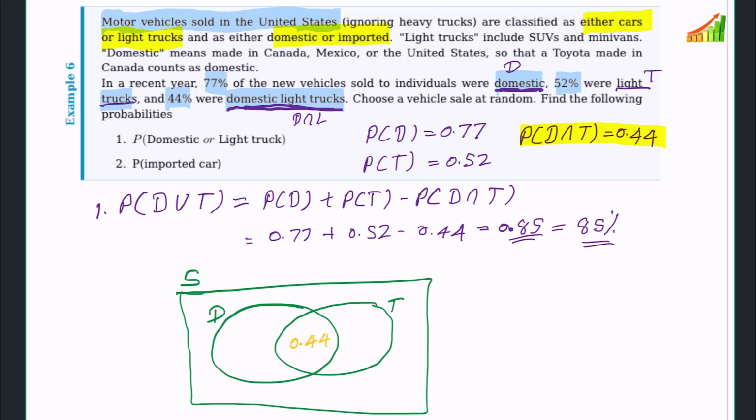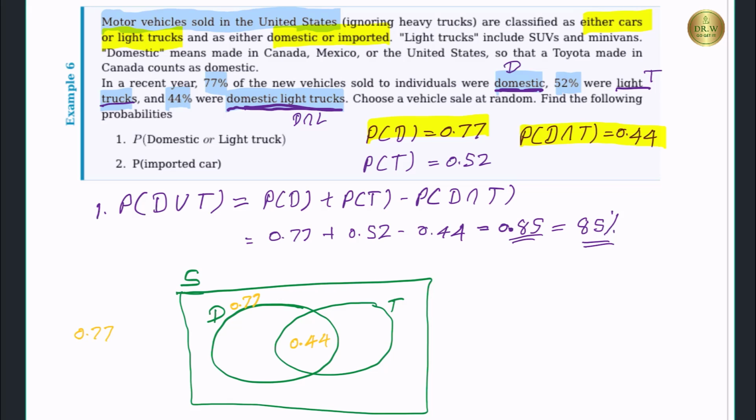Then you see probability of D here 0.77. So in this circle, in the D, probability is 0.77. 0.44 is in D, right? Then how do we find the only D part? We know the whole thing of D is 0.77.